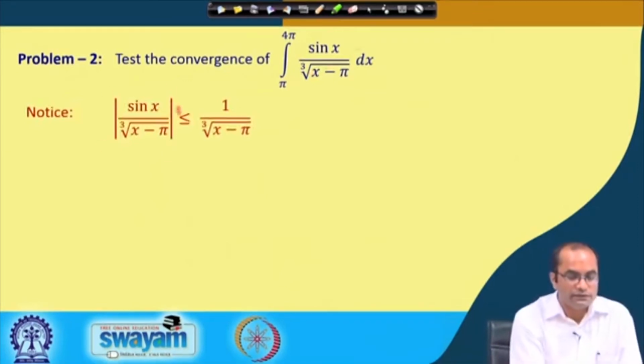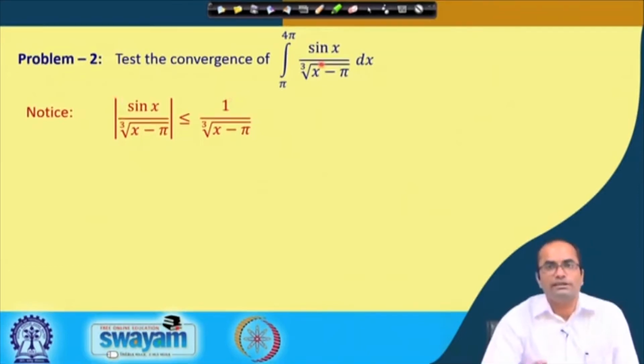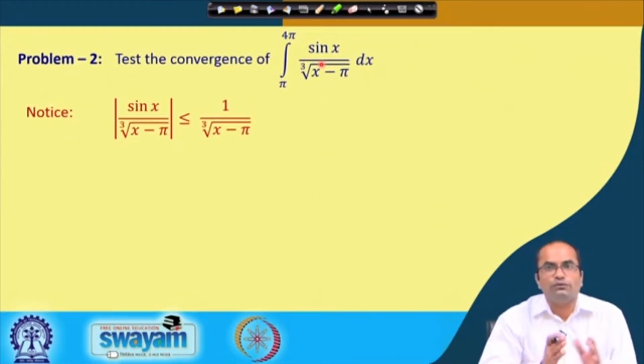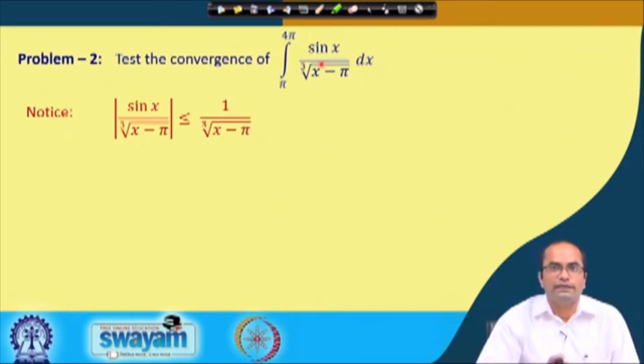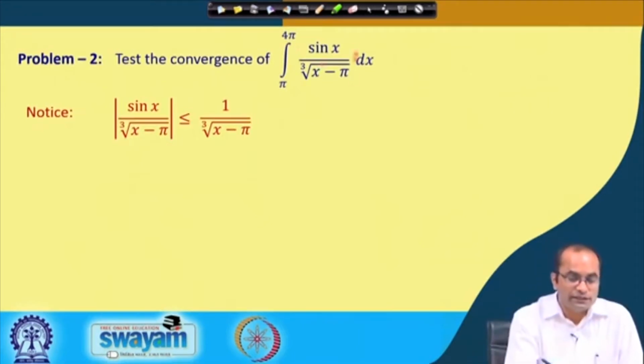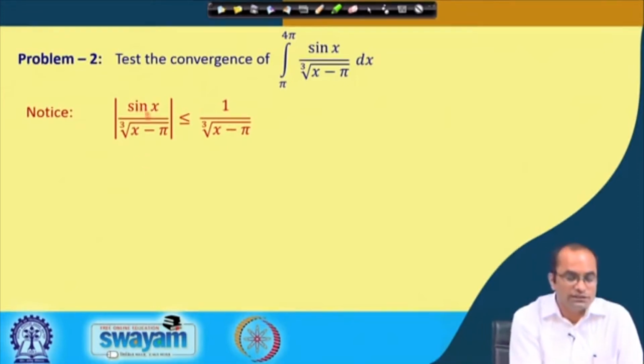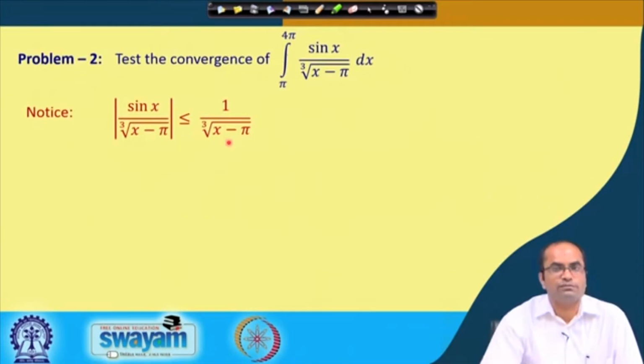Here it is rather easy to see that if we take even the absolute value of the integrand, and we discussed this in the last lecture, which is called absolute convergence. If we take the absolute value of the integrand and that integral converges, we say the integral converges absolutely. Since sin x is bounded by 1, this absolute value is bounded by 1 over the cube root of (x minus pi).